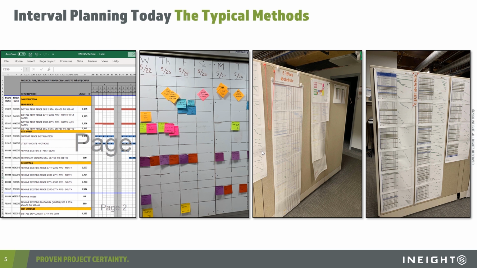The challenge with these approaches is that they're all very disconnected. The field supers each had their own look-ahead schedule, and they were disconnected from the master schedule. They were also disconnected from each other. Each super had their own Excel file, and really there wasn't the visibility. It's hard to collaborate in that sort of environment.